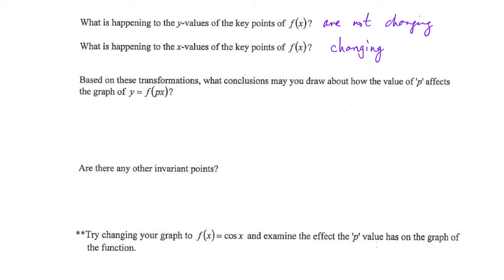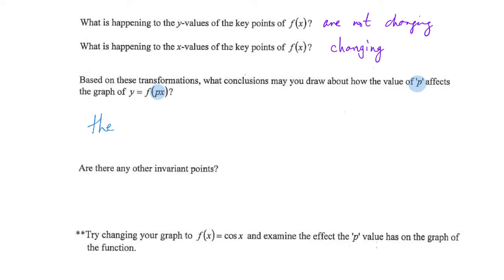Okay, could we draw a conclusion on this one? And again, let's draw to our attention the effect of P. And when I look at the location of P, it's on the inside of my f of x, and it's attached to my x by multiply. So what could I say on that?